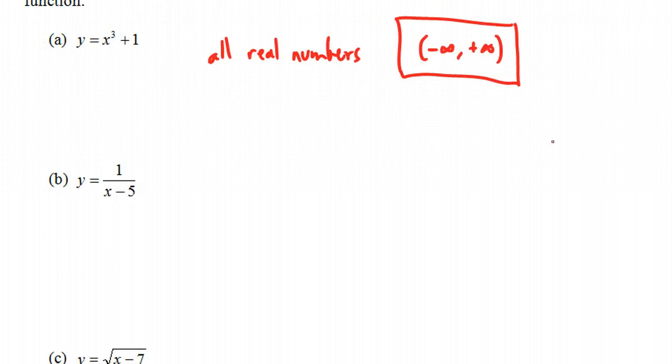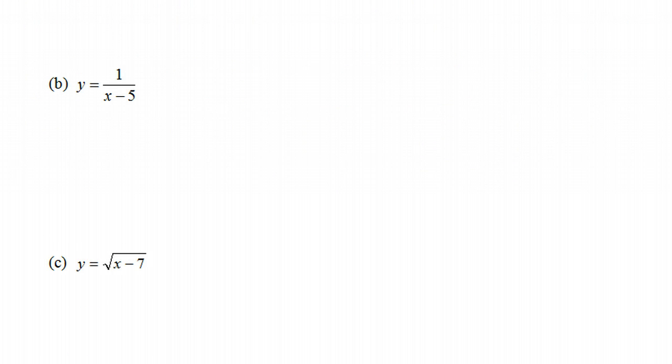Okay, in the second part B, what numbers can we plug in for x that would give us an output for y? Well, we can plug in any number we want for x except 5. If we plug in 5, 5 minus 5 is 0, and 1 over 0 is not defined. So this would be all real numbers except 5.